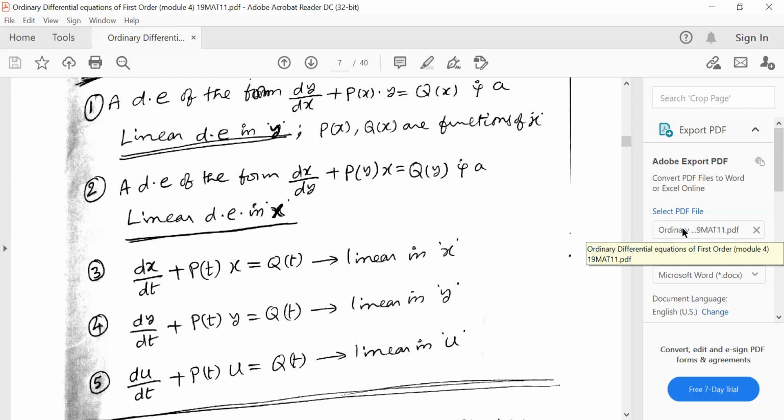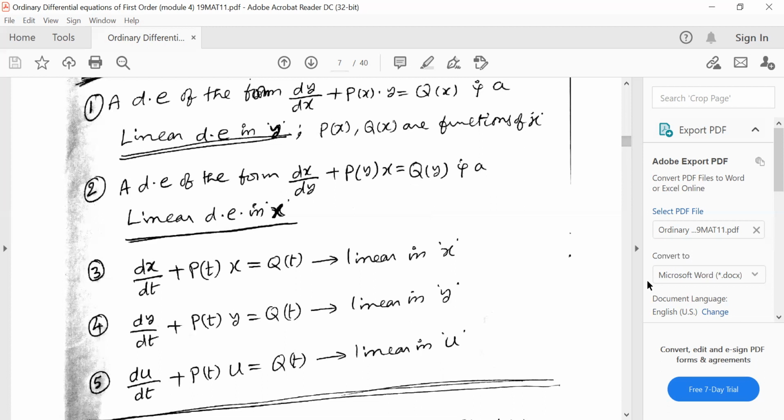The first one is in x, the second one is in y, the third one is in u. So these formats tell you that it is linear in x, linear in y, linear in u, but the independent variable is t here. This is just to take care of the notation used. Whatever is in the numerator is only the name given there.